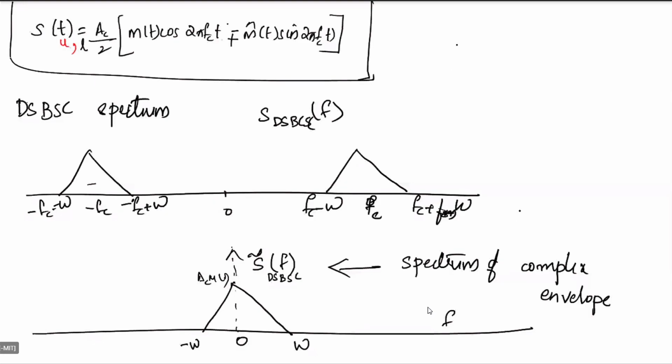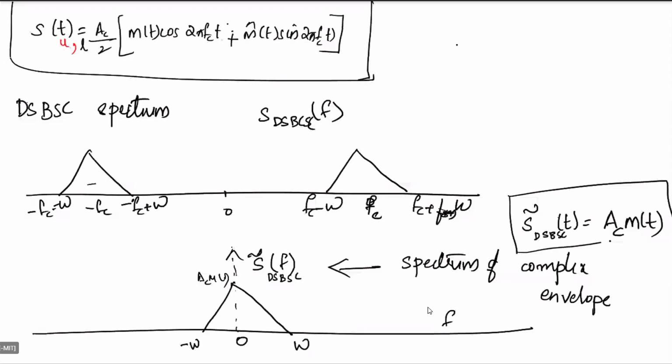And the DSBSC complex envelope in the time domain, S tilde DSBSC(t), is equal to Ac into m(t). It is the envelope. The complex envelope of the DSBSC signal is Ac m(t), and the transform of that is S tilde DSBSC(f).